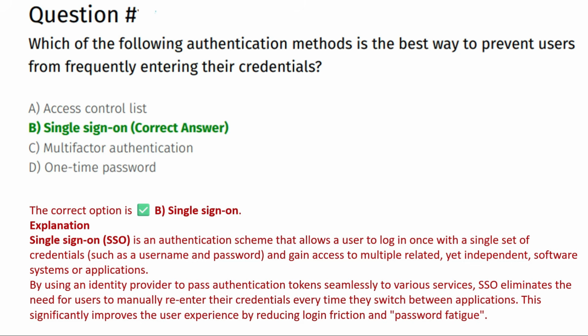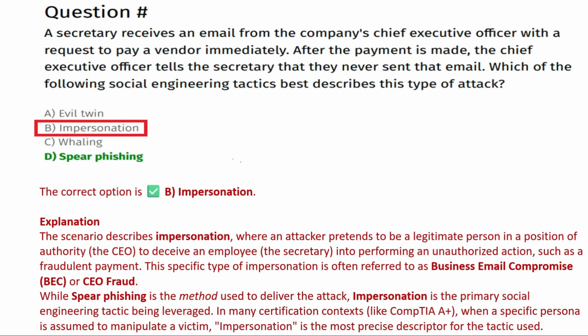By using an identity provider to pass authentication tokens seamlessly to various services, SSO eliminates the need for users to manually re-enter their credentials every time they switch between applications. This significantly improves the user experience by reducing login friction and password fatigue. So that's why the correct answer for this question is option B, single sign-on. So let's move to the next question.